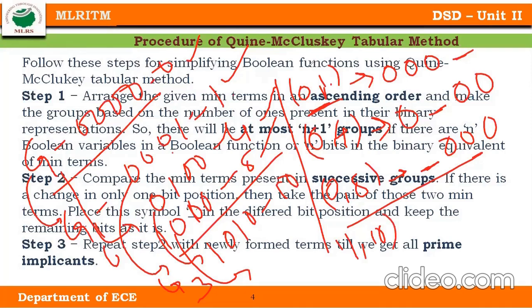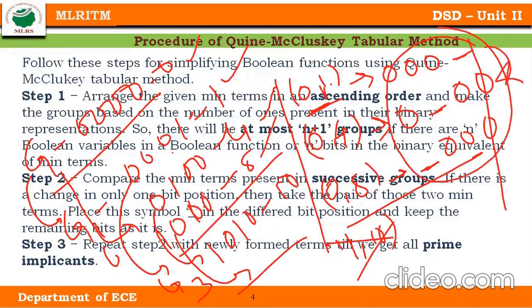Then come to 4 and 10, that is also not possible, leave it. Then 8 and 10, it is also not possible to compare anywhere, so leave it. Then go for the next one if I have any group. So this procedure needs to be done n number of times to get your minimal expression. If pairing is possible, you go for another table.